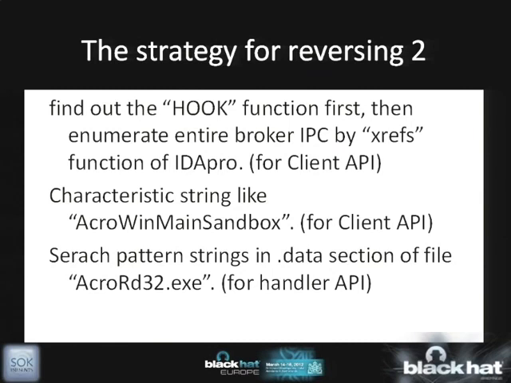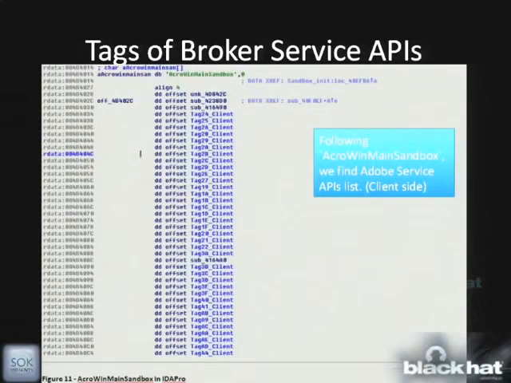Then you can match them with tags afterwards. Also, the characteristic string acro win main sandbox, if you look into the client, allows us to find an array with all the tags for different APIs, for the broker service APIs, not the Win32 APIs.